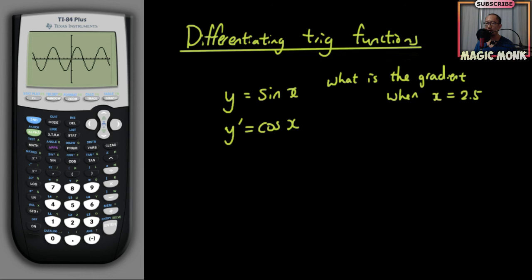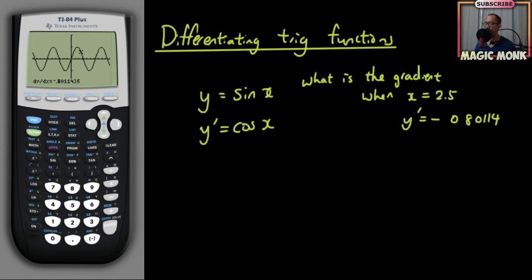Now if you go to second calc and go to number 6, which is the derivative or the gradient, and then put x is 2.5 and press enter, it tells you the gradient is -0.8. It actually tells you when x is equal to 2.5, the gradient y dash is equal to -0.80114.